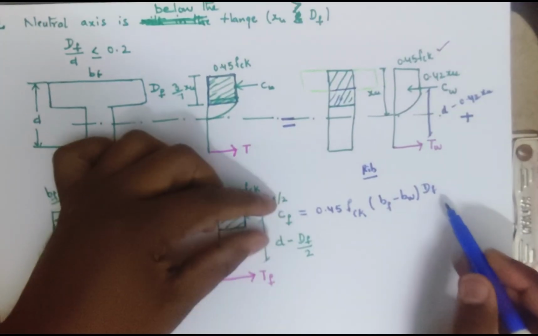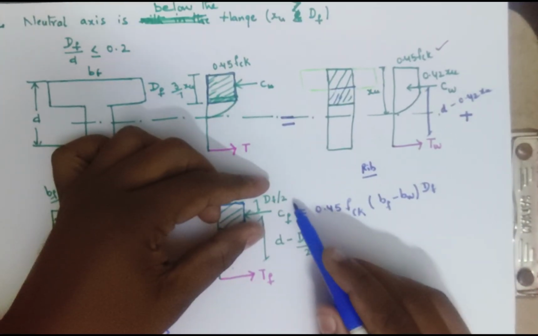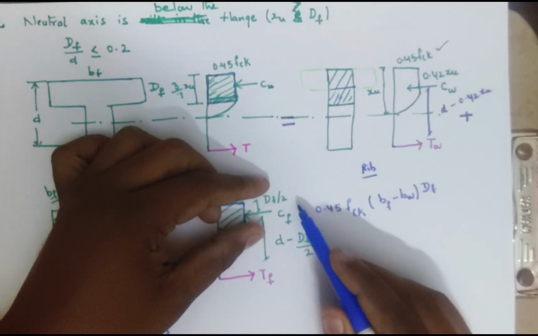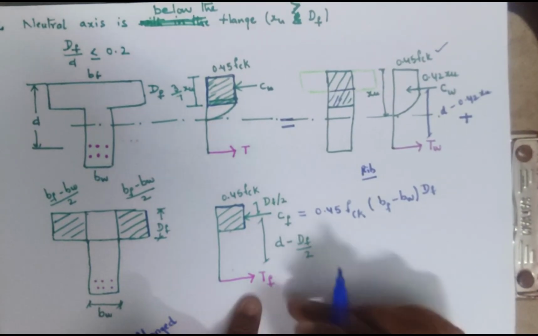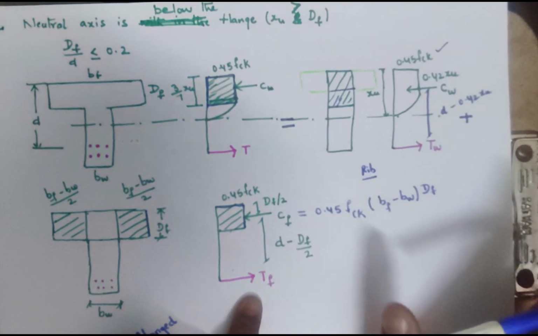This force will act at a distance of half of the depth of the flange. Okay, the formula for tension remains the same, right?